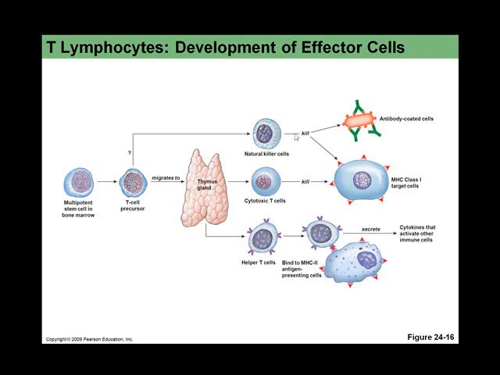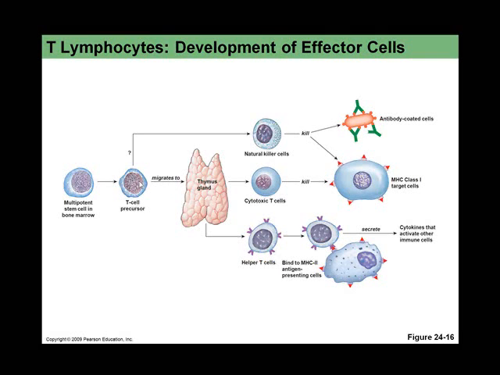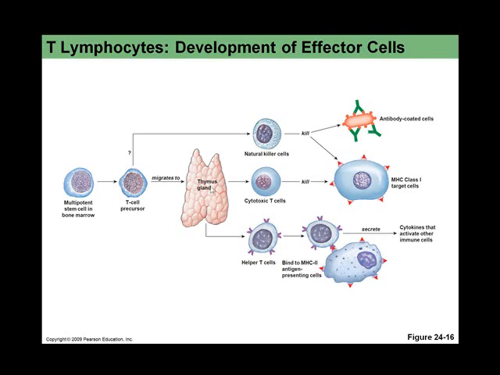And of course, their task is to kill antibody-coated cells, and they are picking up the antigen signal to tell them what to respond to from the MHC class 1 target cells. And then, of course, the T cell precursor migrates to the thymus gland when we are young, and undergoes a differentiation there to become cytotoxic T cells.